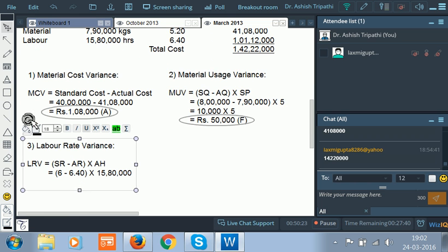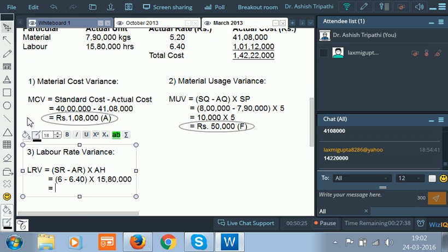Actual hour is 15,80,000. So if we solve this, we will get minus 0.40 into 15,80,000.